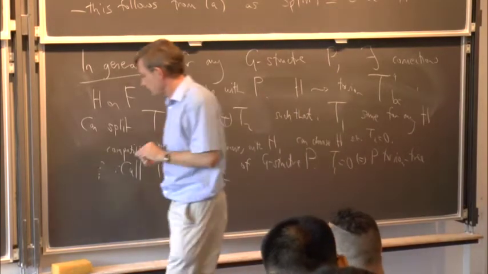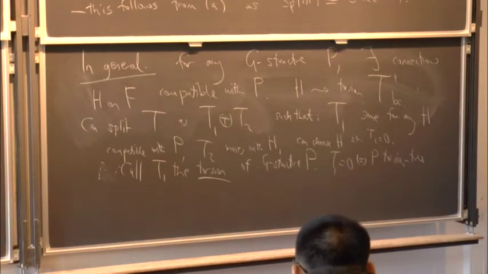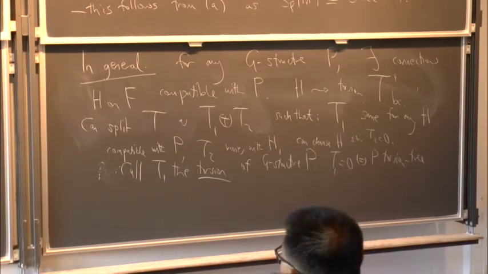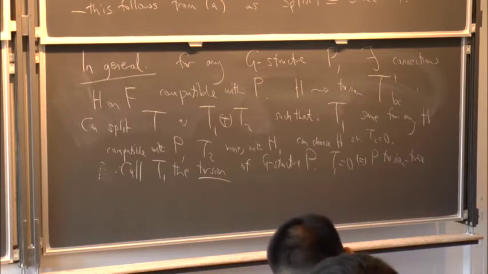Okay, so we're living in this world of principal bundles and G structures, which is perhaps slightly more abstract than vector bundles and metrics, but it's quite a powerful point of view in some ways.